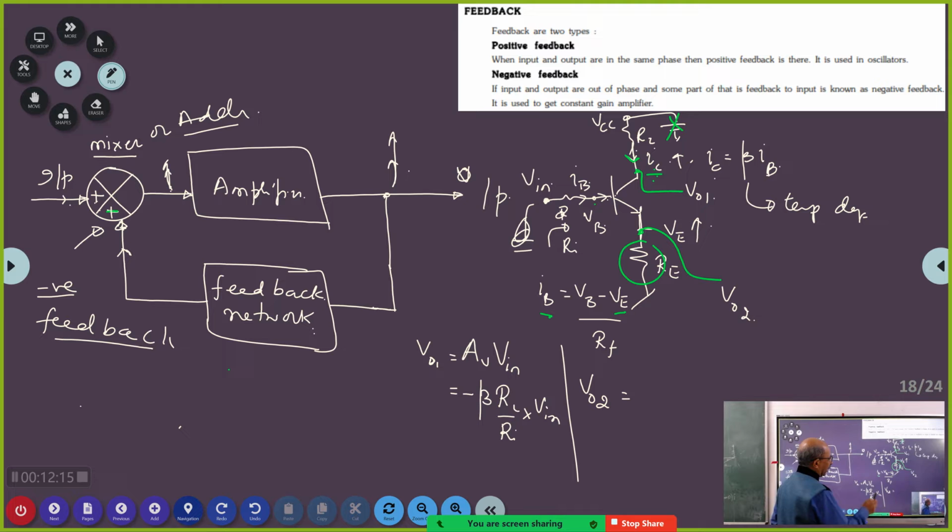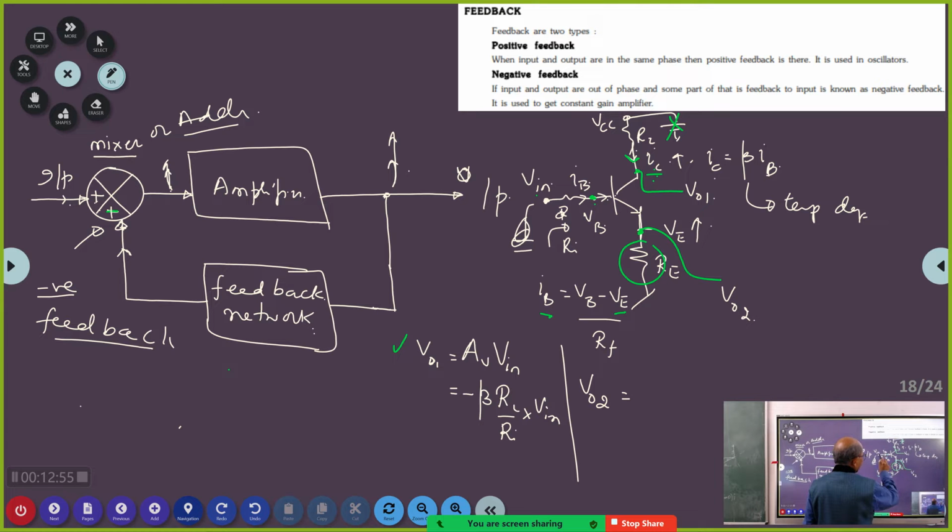Now you just see, I want to know the voltage of this point, that is the voltage at the end in response to V. See here, I have written VO1 in terms of V. I want you to write VO2 is equal to what? So VO2 will be gamma times something you want to tell. No, don't complicate it. Simple. What is this voltage?